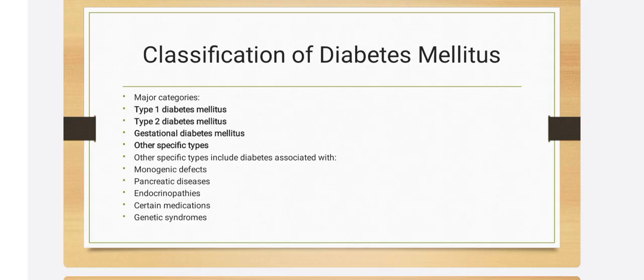Type 2 diabetes is mainly associated with insulin resistance combined with progressive beta cell dysfunction. Gestational diabetes develops during pregnancy and is associated with increased insulin resistance. Other specific types can occur because of genetic defects, pancreatic diseases, endocrine disorders, certain medications, and other underlying conditions.